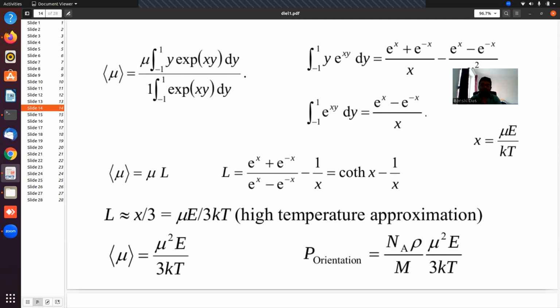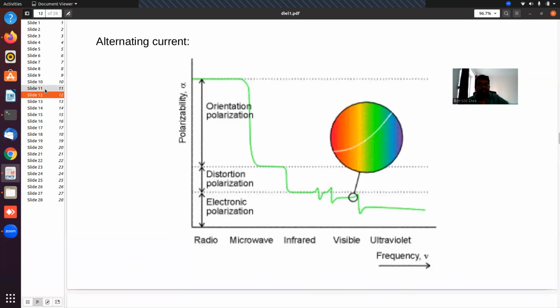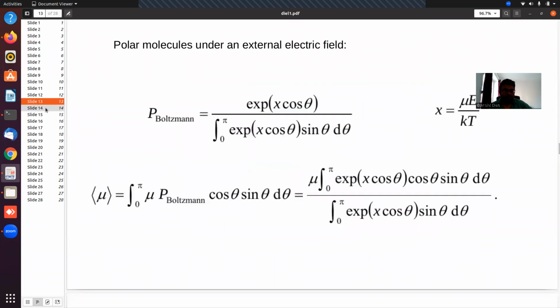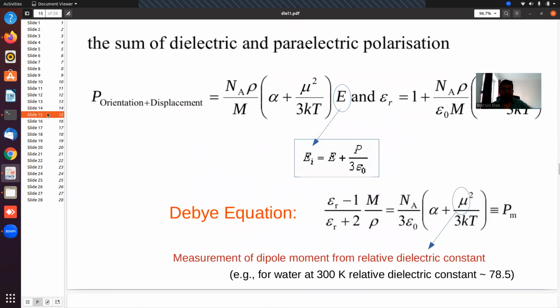Only the induced effect we also can measure in the region where no orientation polarization is possible, where only the induced effect is captured. So in the low frequency region, we get both effects, electronic plus orientation. So the polarization of the system is due to electronic displacement plus reorientation.